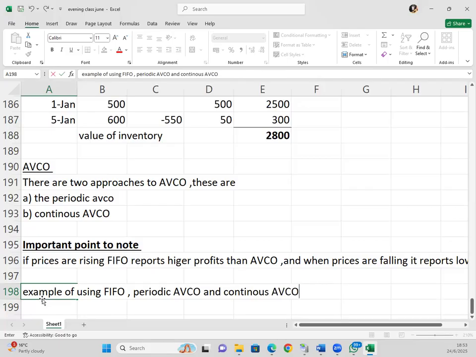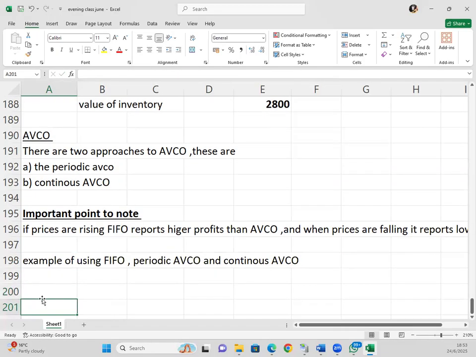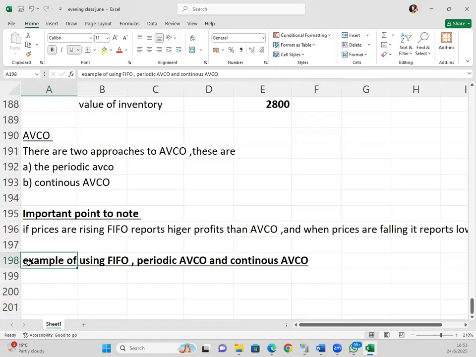So an example of using FIFO, periodic AFCO and continuous AFCO.